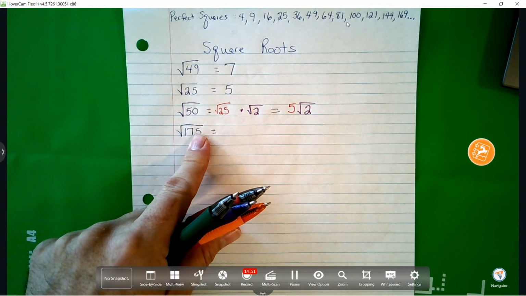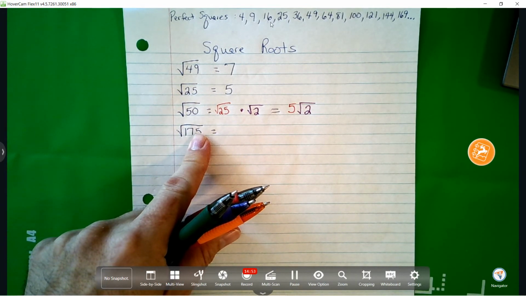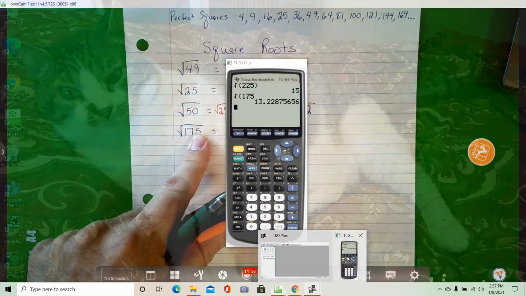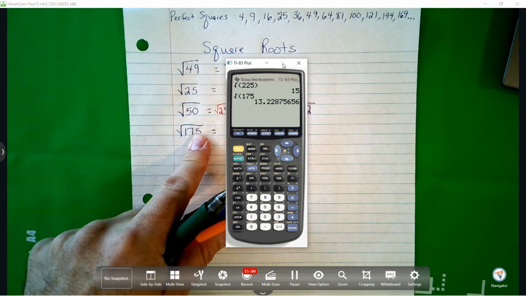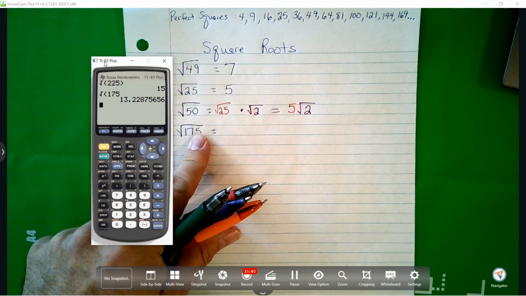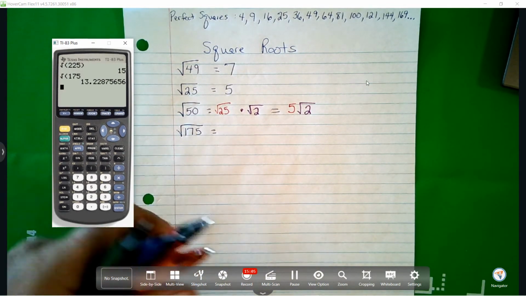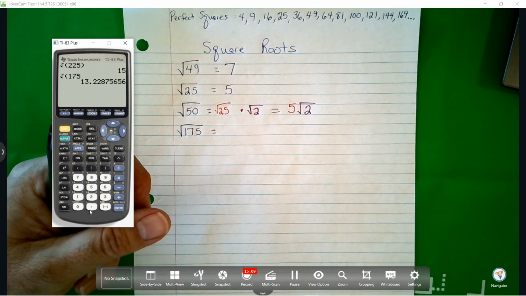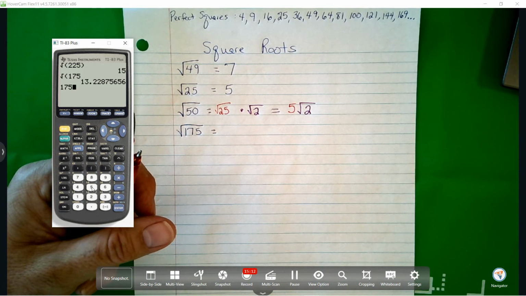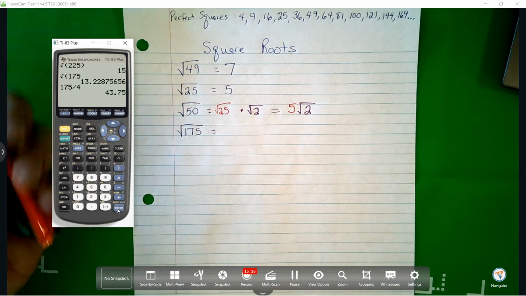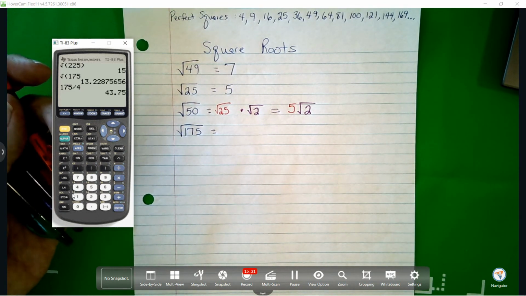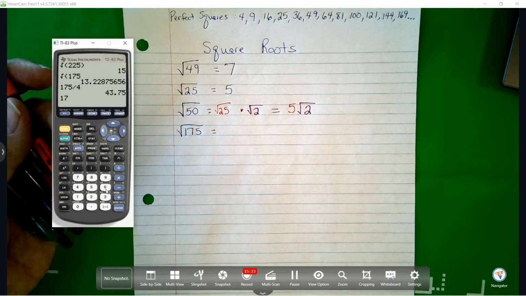So which perfect square divides evenly into 175? Let me move my calculator off to the side. Well, we want to choose the biggest one. And so here's just my thoughts. I'm just going through the list of perfect squares. 4 certainly doesn't divide into it. Maybe 25. I think 25 divides into it.